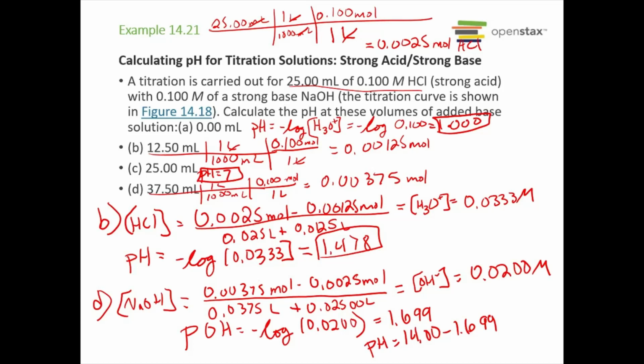And then we get a pH of 12.301 or 12.30. So this is kind of a cool problem. You can then see how that pH is changing theoretically as we're adding more titrant.